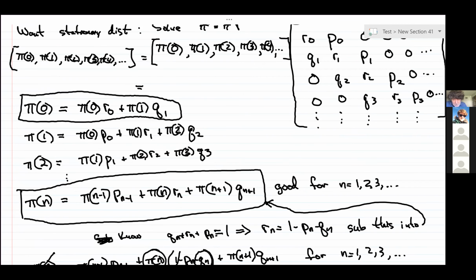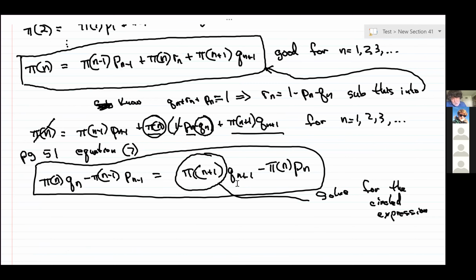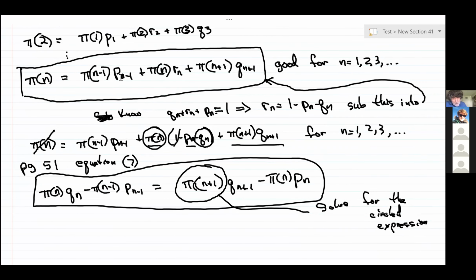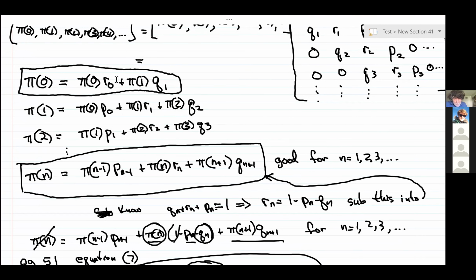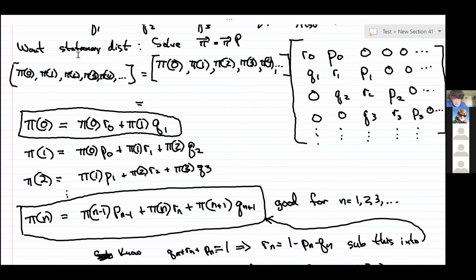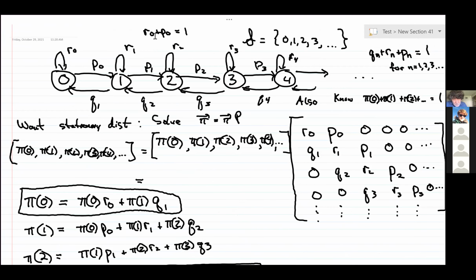And then if we substitute Rn in the second one, we get this equation. What we need to do is substitute for R0 in this one. Okay, well, I'll go back to the diagram. What's the relationship between P0 and R0? Well, it's given right here. R0 is really what? 1 minus P0.